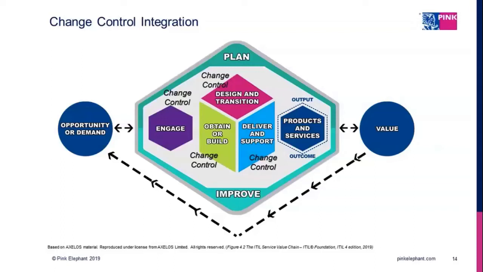There could be knowledge transfer that would have to be taking place with the business. So that would all be part of change control. Now, when we look at change control with obtain or build, this is primarily more around the build piece. And this is where many organizations, as part of the build, are adopting Agile and DevOps, and they have to follow change control also.